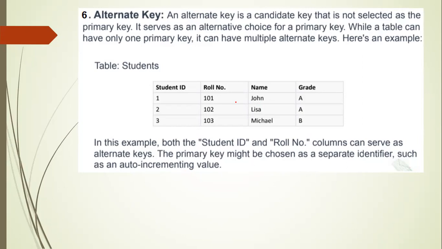There will be a student ID and a roll number which are uniquely identified, and we can have multiple alternate keys here. One more example: an employee has an ID number, a name, a PAN number, a department. All keys identify only unique data.